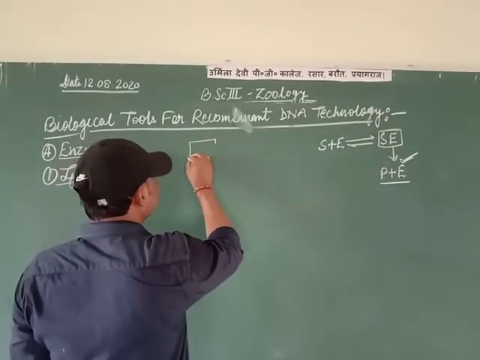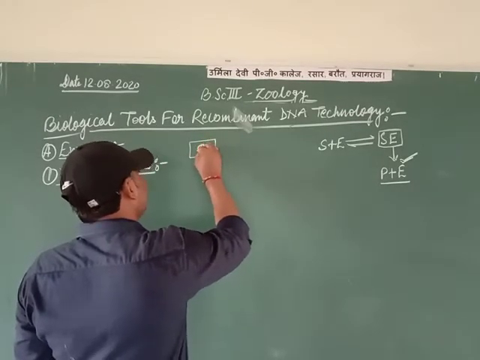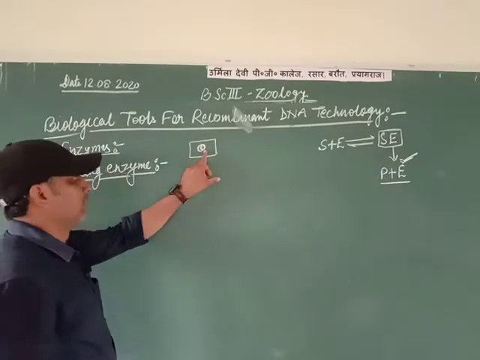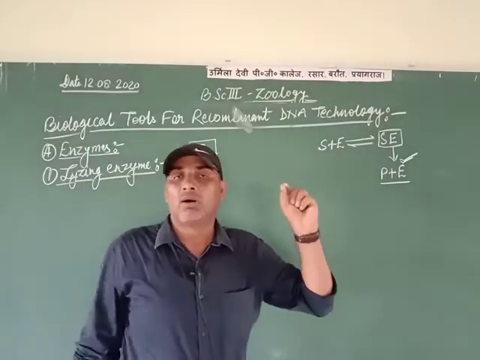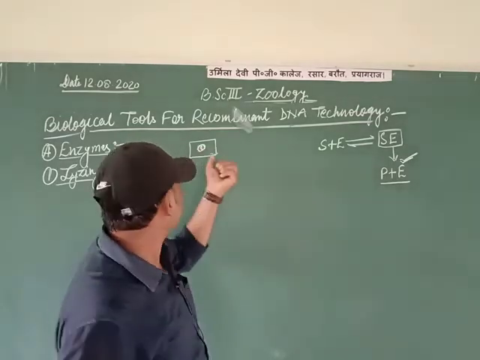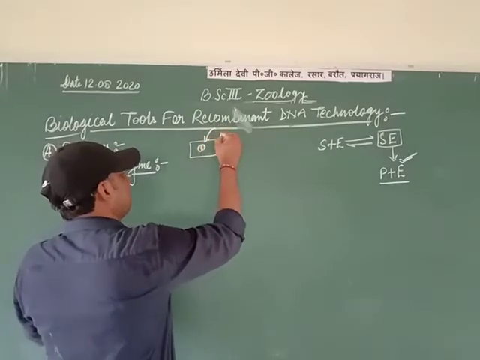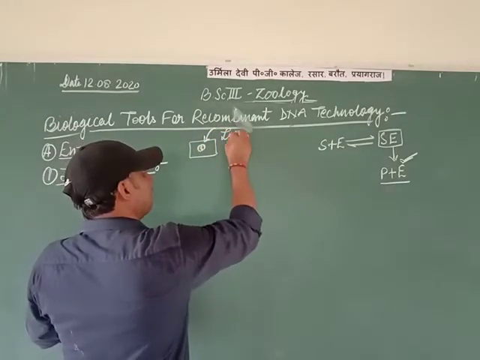This is the cell, which has the nucleus and the DNA. If we want to receive this DNA, we use the enzyme lysozyme.